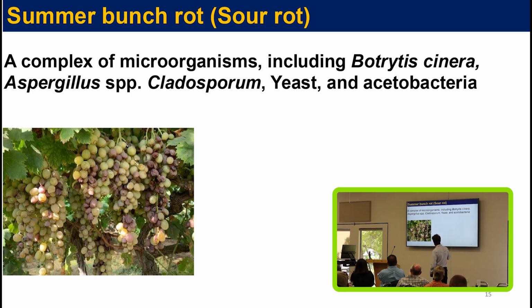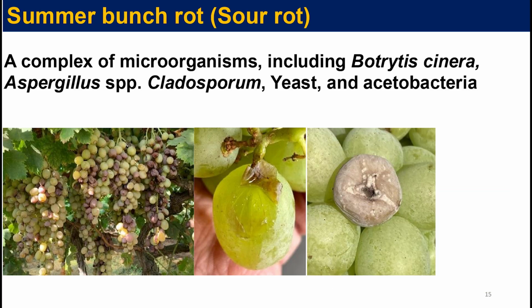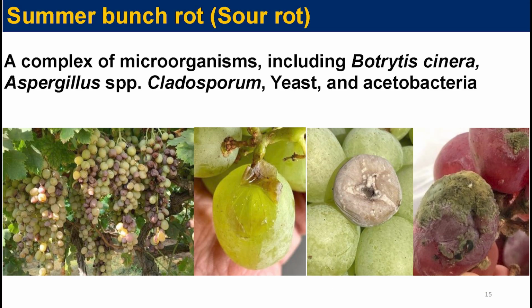So these are the sour rot and summer bunch rot complex that you can see on table grape, and it can turn into slip skin. Slip skin is a more advanced part of sour rot, when yeast and other acidified bacteria get into the system and start causing these kinds of problems. Then other pathogens like Cladosporium also can colonize in that area. So those are some of the pathogens that can get in.